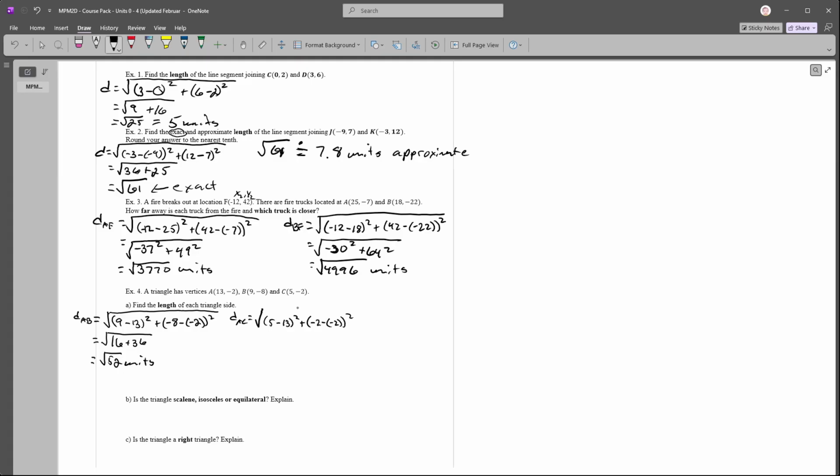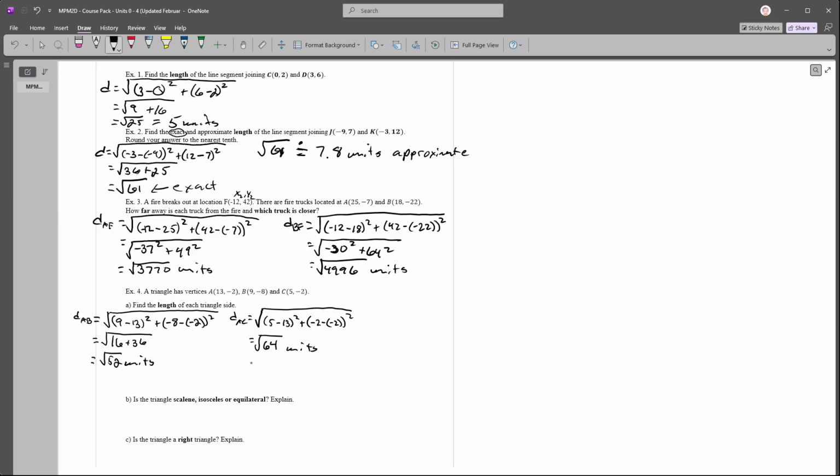We square that. And we end up with 5 minus 13, which is going to give us -8 squared, which is 64. And then we're adding on to that -2 plus 2, which is just 0 squared, which is still 0. So this one is just the square root of 64 units.